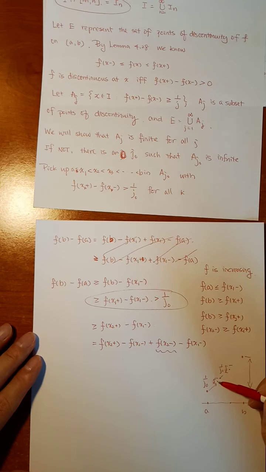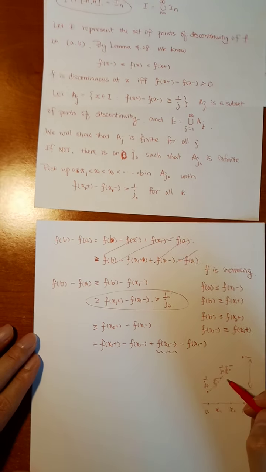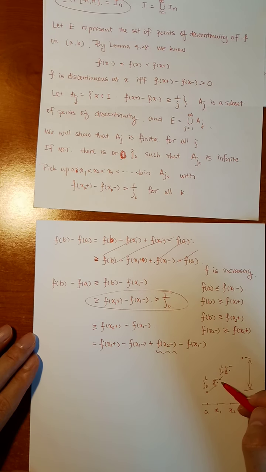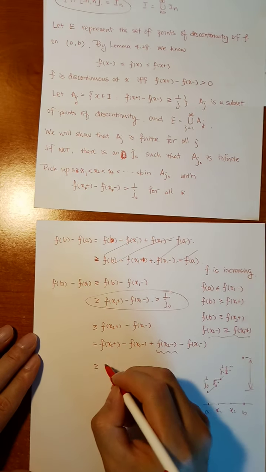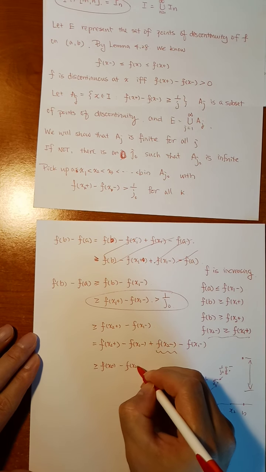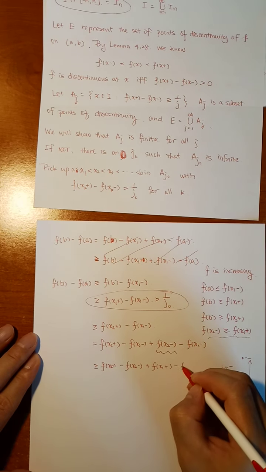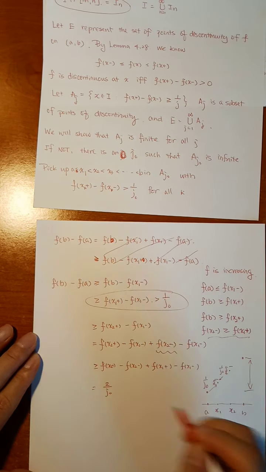Here, this is x_2 and this is x_1. So naturally, the left-hand limit at x_2 should be higher than the right-hand limit at x_1. That's why we have this conclusion. So it's greater than or equal to f(x_2+) minus f(x_2-) plus f(x_1+) minus f(x_1-), and this becomes 2 over j_0.